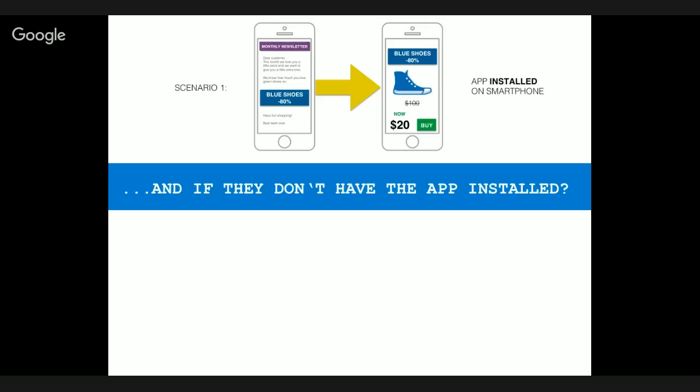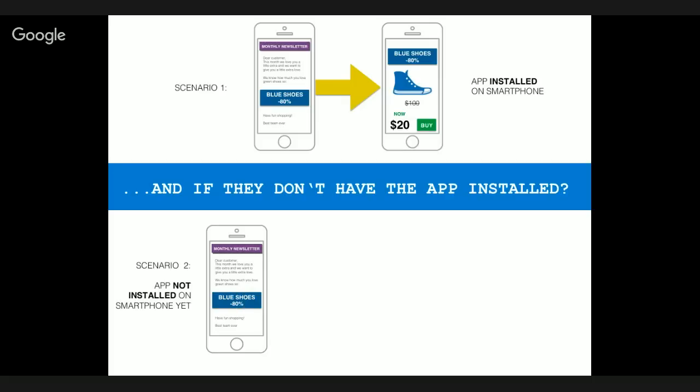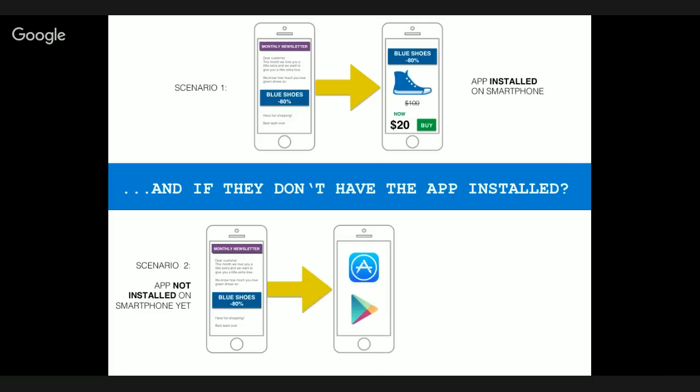But what happens if your user doesn't have your app installed yet on their smartphone? I'd like to use the same example with the newsletter and the blue shoes promotion. Your user who doesn't have your app installed on their smartphone yet gets this newsletter and clicks on your ad.